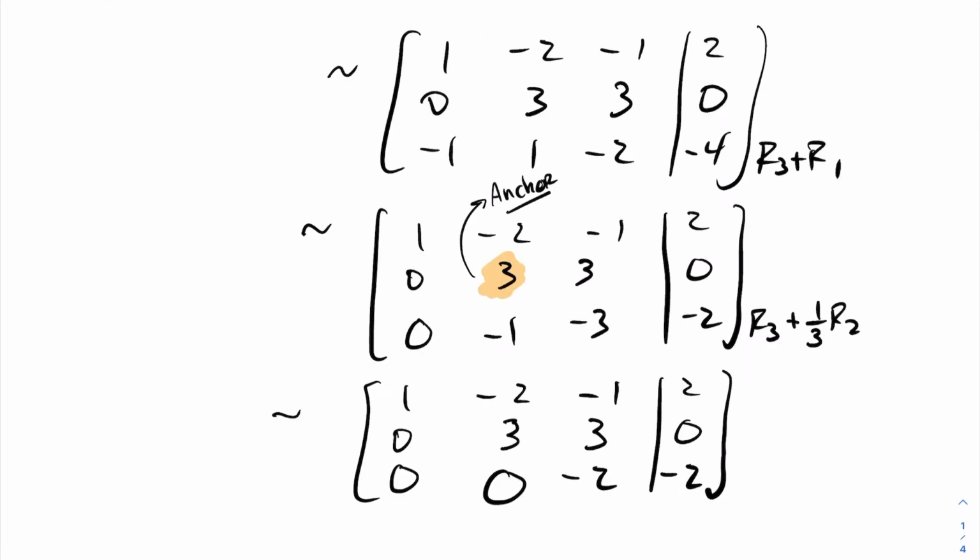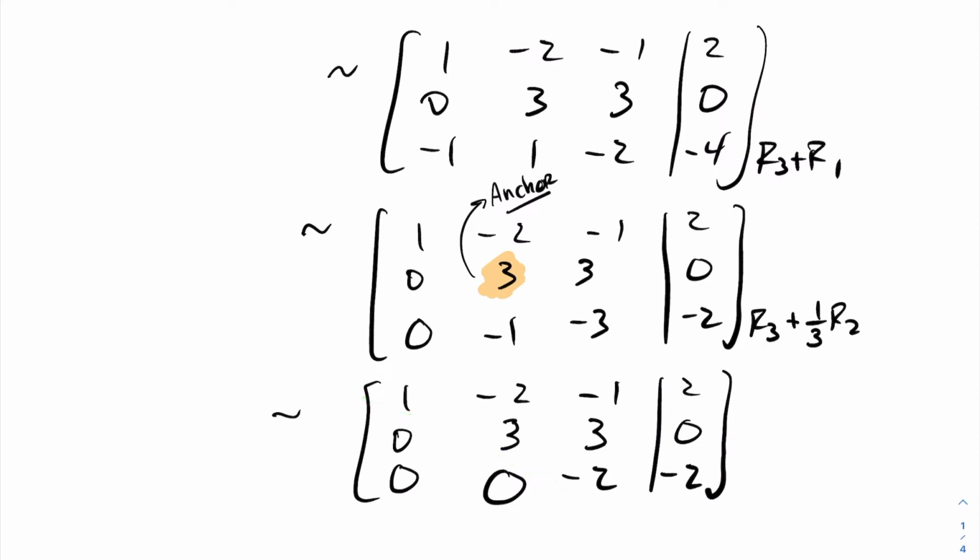And you can see here, if I take row 3 plus 1/3 row 2, obviously this becomes 0 because both entries are 0. This will end up being -1 plus 1, which is 0, which is what we wanted. And this entry here becomes -3 plus 1 when you multiply by 1/3, in which case you get your -2. And then the last entry here is also -2. So now we've achieved our goal.